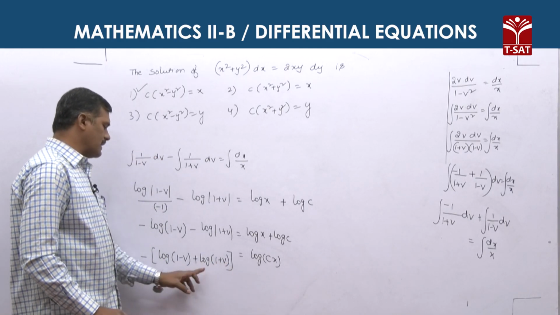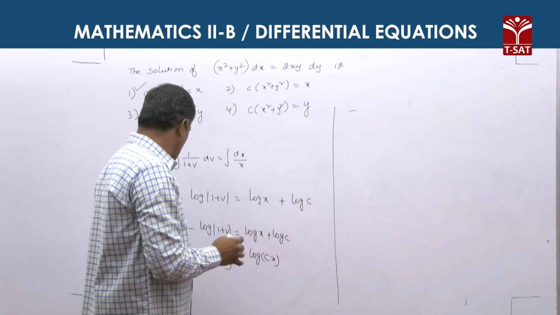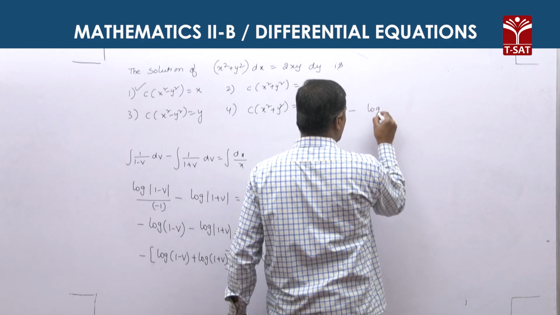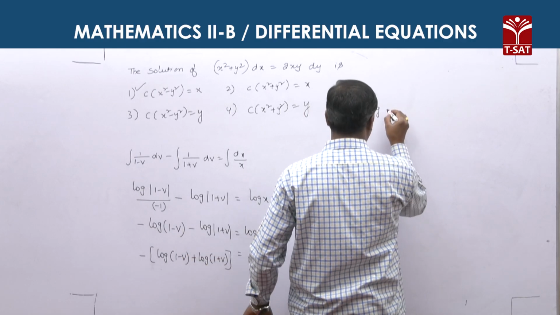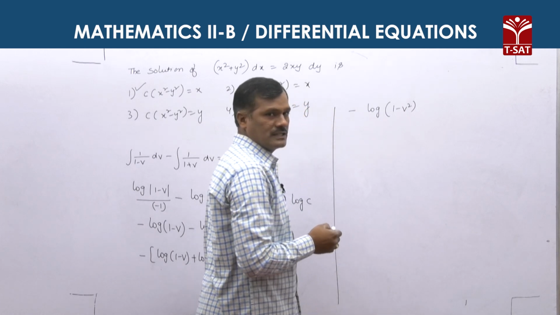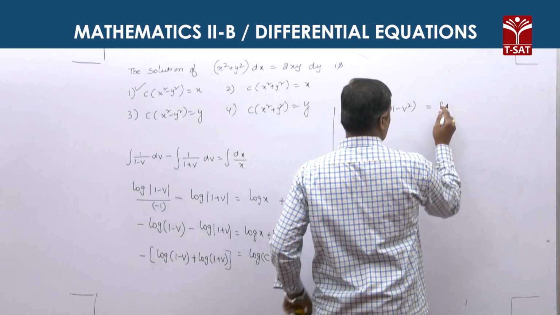So log a plus log b is log of a into b. Minus log of 1 minus v into 1 plus v, which is 1 minus v square, a plus b into a minus b is a square minus b square, is equal to log cx.